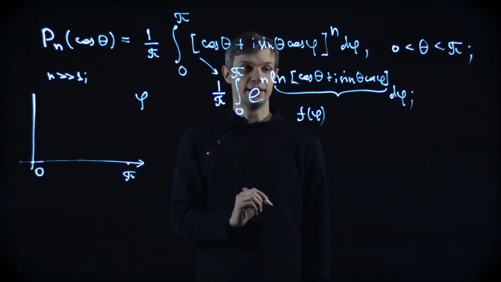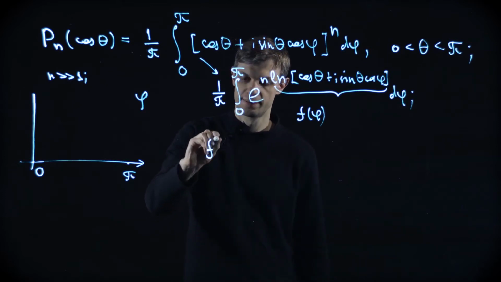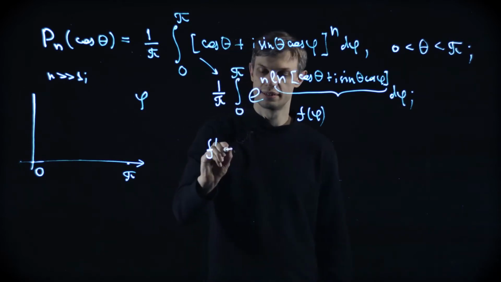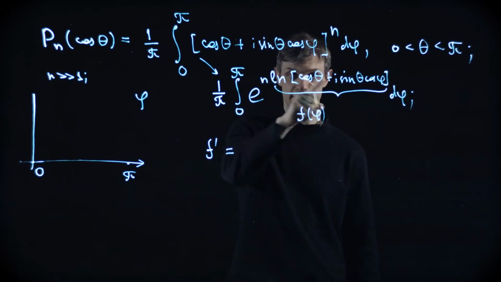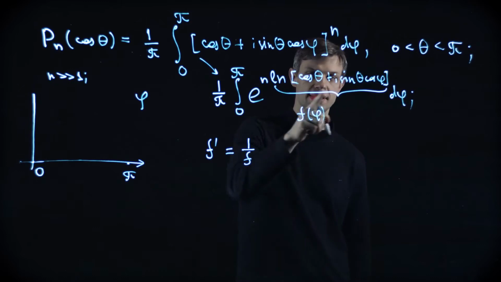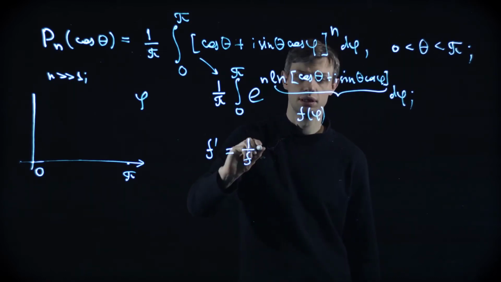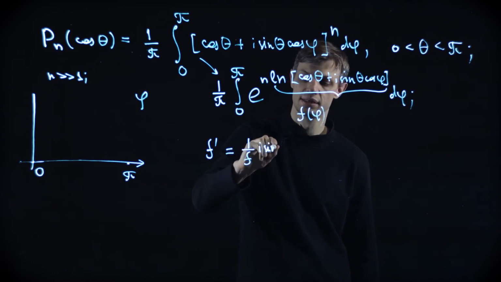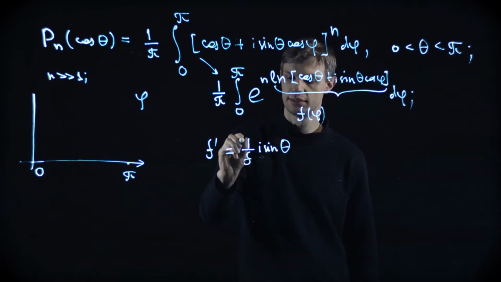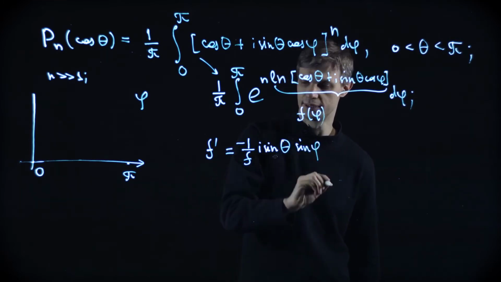All right, let's find the corresponding saddles. For f of phi, the derivative is 1 over f, since it's a logarithm, times the derivative of the argument of the logarithm, which is simply i sine theta minus 1 times sine phi.